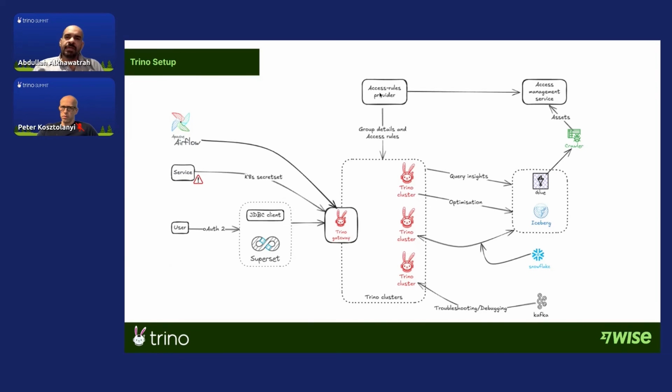And we have another service that transforms these access management records into Trino access rules. We've also added a custom group provider plugin on the Trino side, so that we can move all the group access management to the access management service.